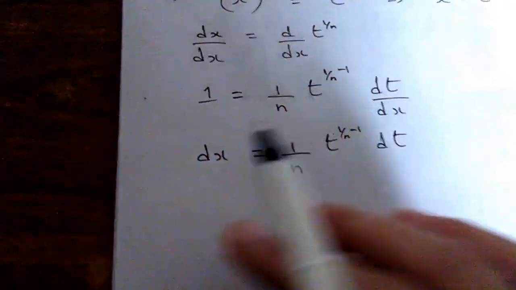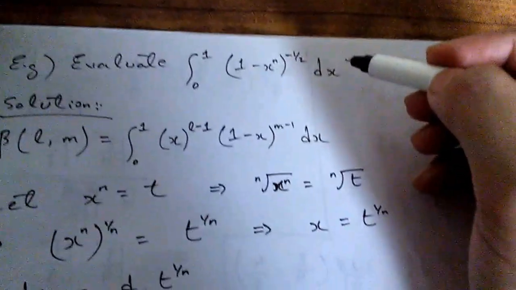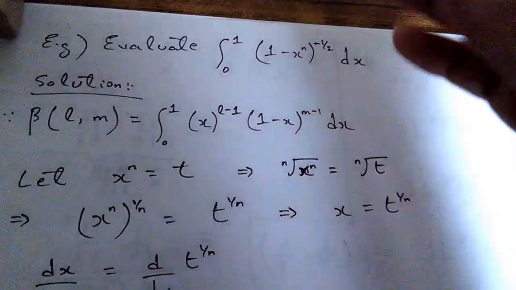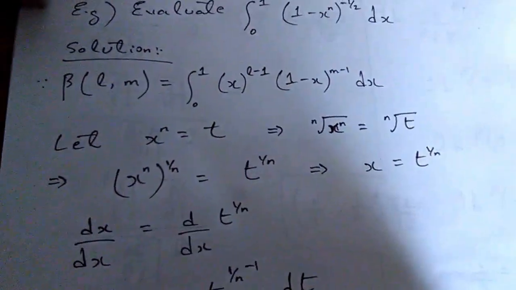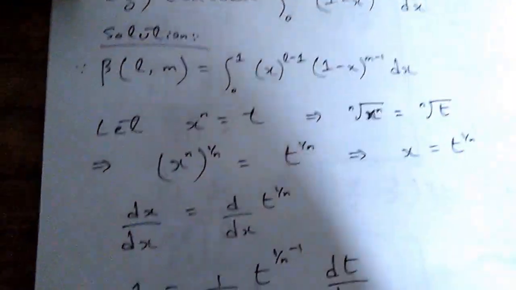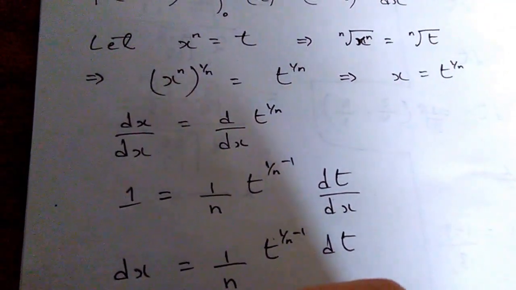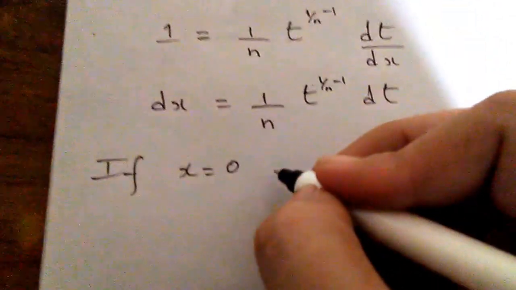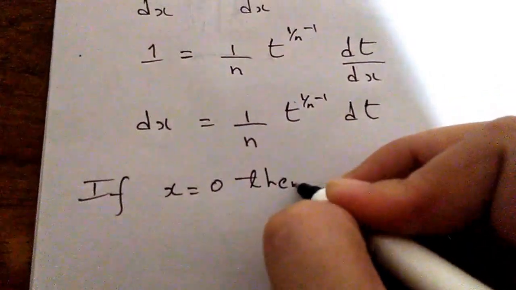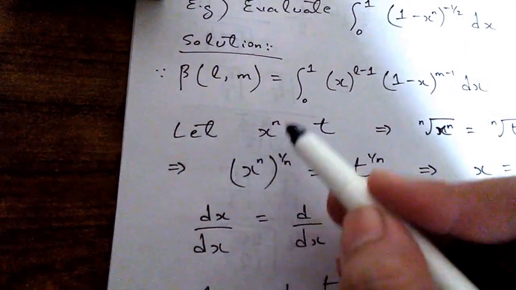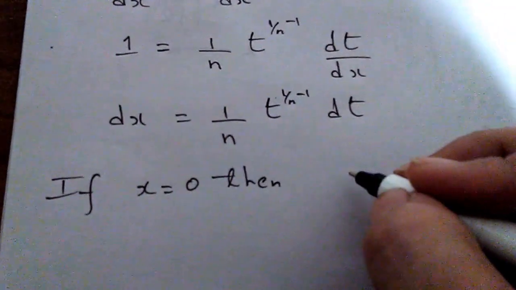Alright, so that's it. Now you're going to replace your dx by means of this and your x^n by means of this. Alright, now what is left are just the limits. So let us transform the limits as well with respect to our t. So if your x is equal to 0, then once you substitute 0 over here, this thing tells us that t is also 0.